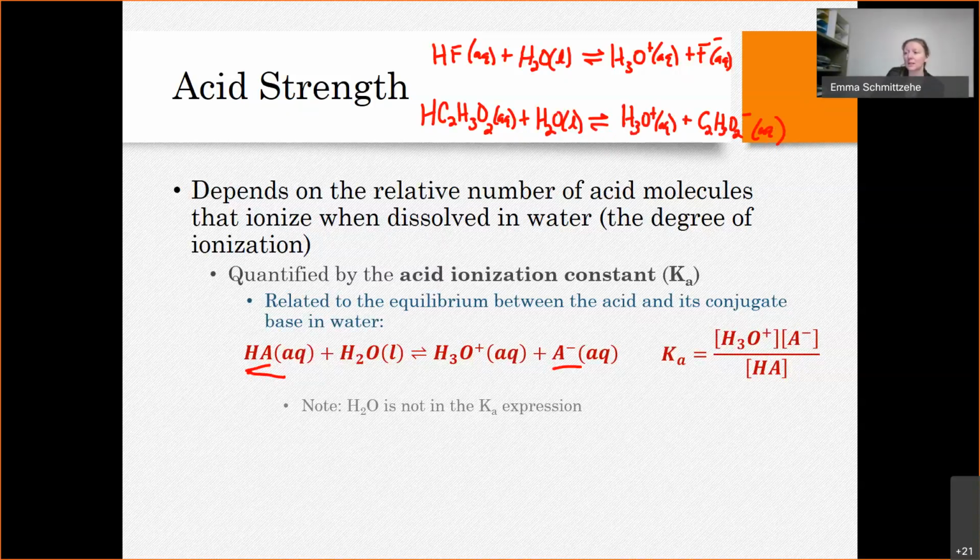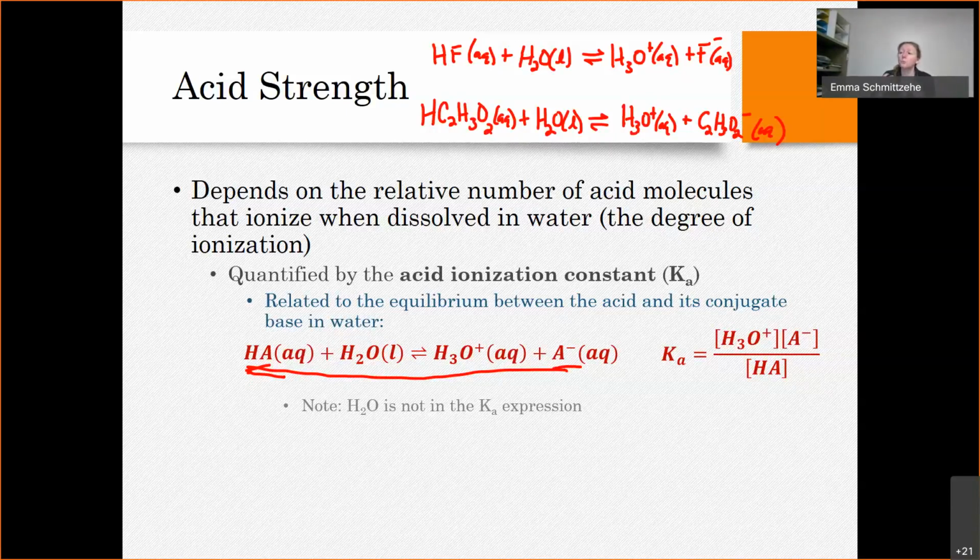So realize that this reaction down here is a generic form showing you the general form of any weak acid ionizing in water, okay? So the HA is whatever acid you're talking about. H2O is always H2O, and the H2O always is picking up that proton, so it's becoming H3O plus. And then A minus is just whatever anion is left behind by that acid, okay?